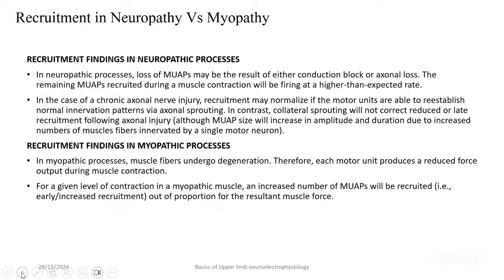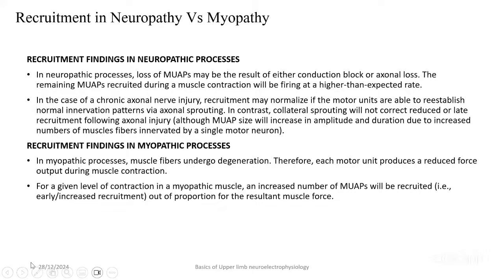In chronic axonal nerve injury, recruitment may be normalized if motor units are able to re-establish, as collateral sprouting happens. The collateral sprouting will not correct reduced or late recruitment following the axonal injury, but the fibers will increase the amplitude.